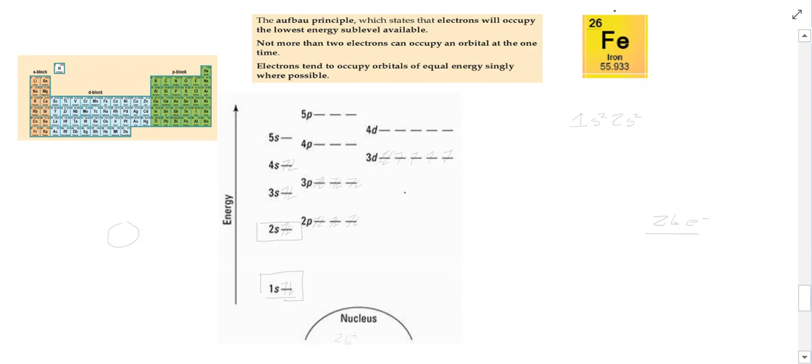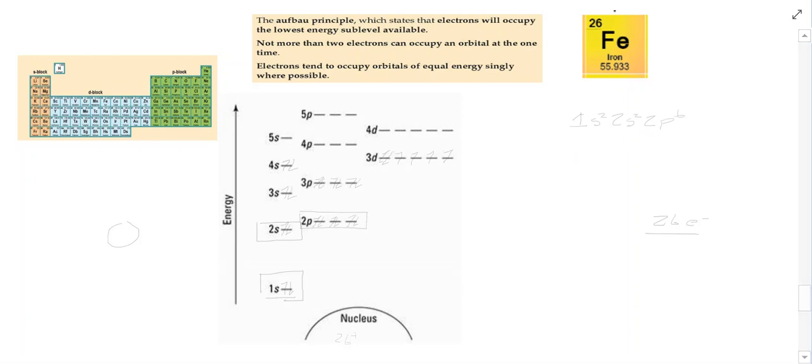Then you're going to have the 2p, and you have 6 electrons, 2 in each of these p orbitals. So that's going to be 2p6. So that's those ones.